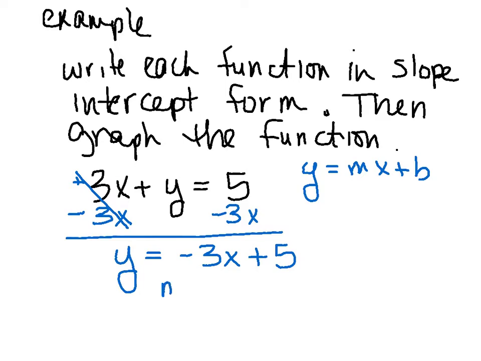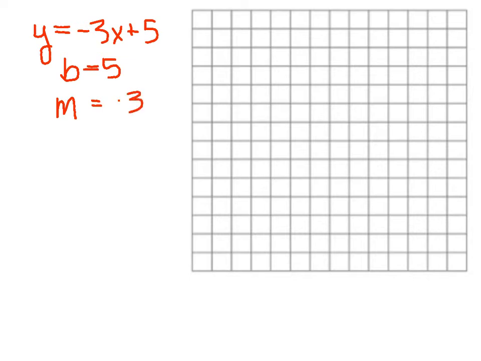Slope-intercept form. M, which is your slope, is negative 3. B, which is the y-intercept, is 5. All right, you just solved it for y. That means our y-intercept is 5 and our slope is negative 3.